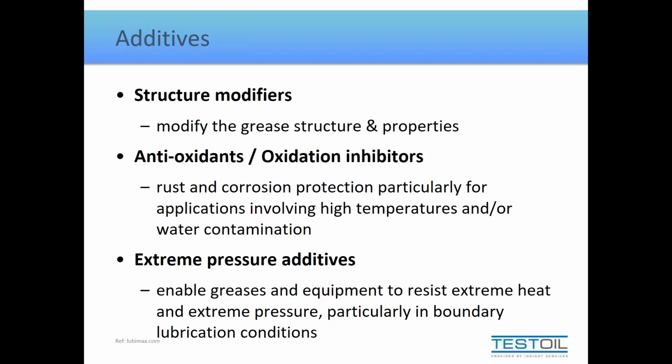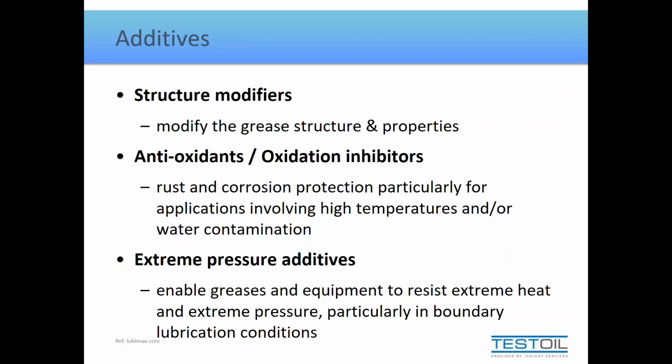It may help with some of the flow or tackiness characteristics. We've got antioxidants, or what are sometimes called oxidation inhibitors. It's one and the same. But these are the ones that try and minimize the reactions with oxygen and any catalyzing with water contamination getting in there. So they do help prolong the life of the grease, prevent it from degrading, and they do help with some of the rust and corrosion protection as well.